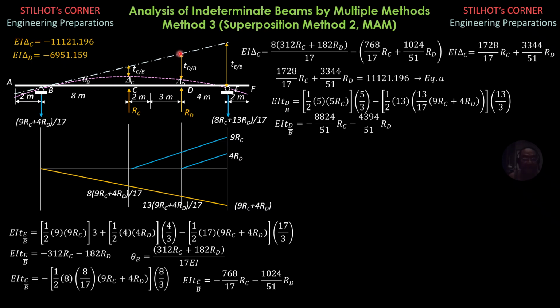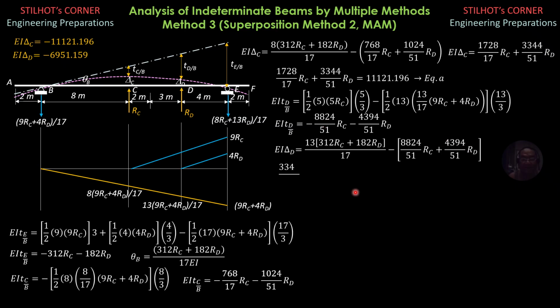So finally, the entire vertical distance here is 13 times theta B, and that's positive. Then minus absolute value of deviation of D relative to B, will get delta D. So EI delta D is positive 13 times theta B, then minus absolute value of deviation of D relative to B. We just treat this positive, so minus quantity, that value.